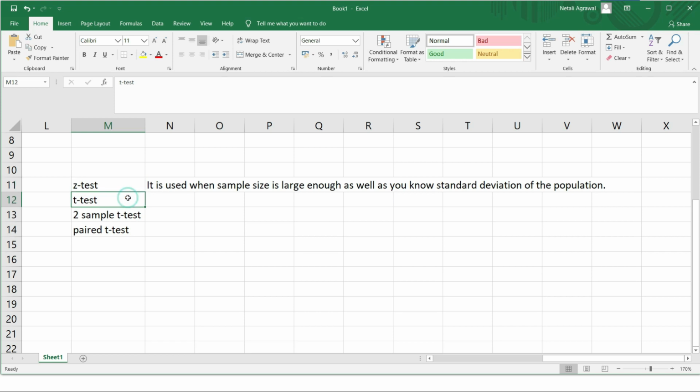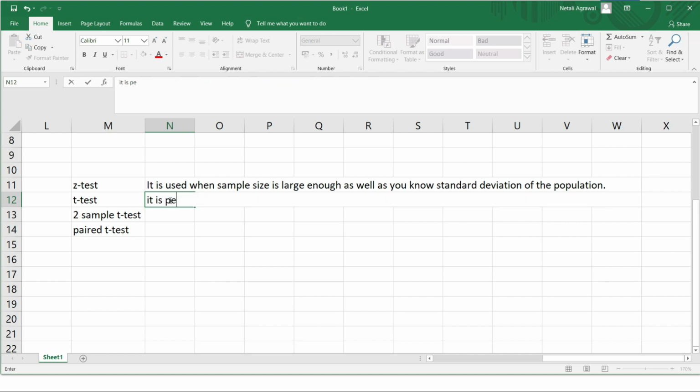If you still have only one sample, but you are not able to fulfill one of these criteria, that is, your sample size is small or you don't know the standard deviation, then you have to perform a t-test.